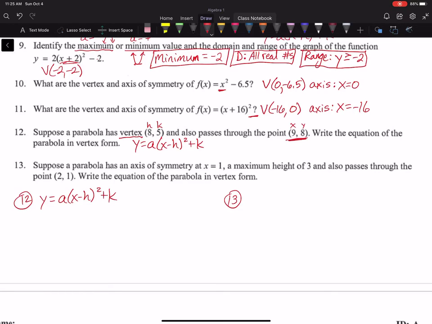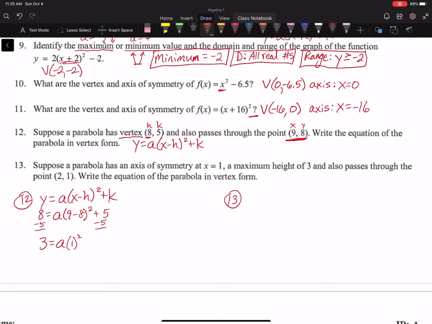So my y is 8 equals a, my x is 9 minus h is 8 squared plus k is 5. If I subtract 5 over, I will get 3 equals a times 1 squared, which is 1.